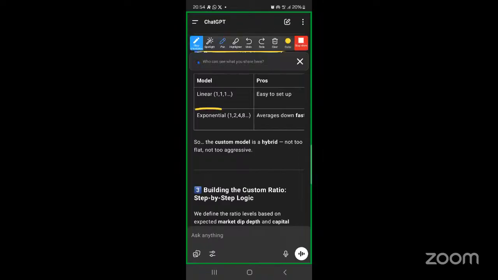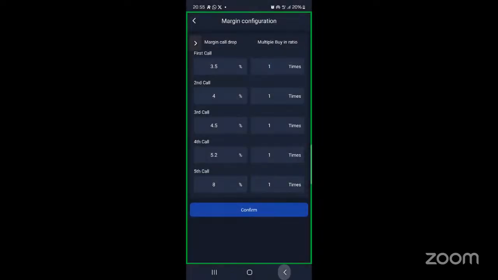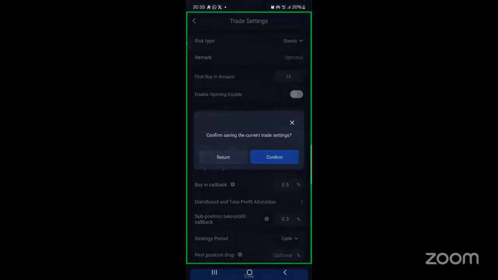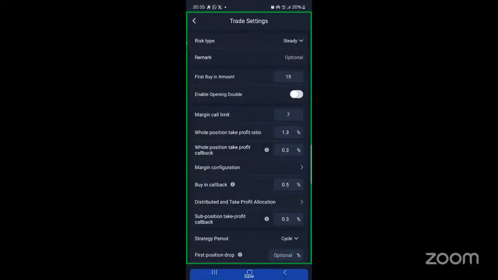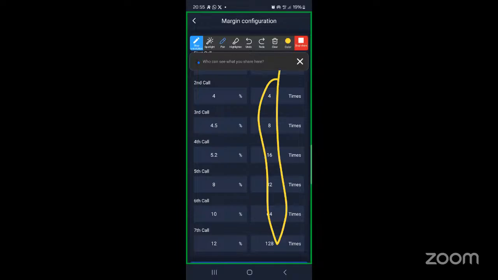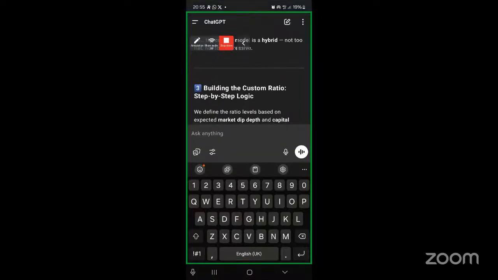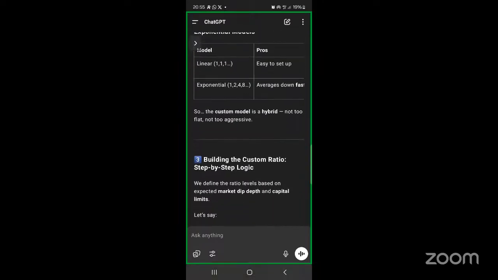This one here is the one we have in Loyochu, the default one. Now we understand it is the exponential ratios.